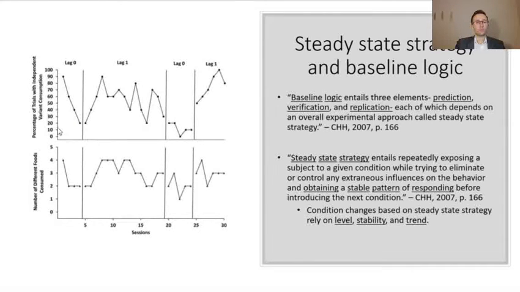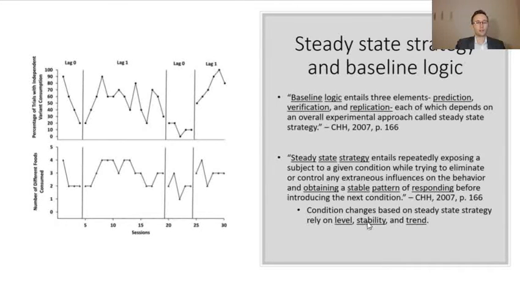So I've described baseline logic, prediction, verification, and replication in the context of this design. I've also shown how steady state strategy was used to obtain a stable pattern of responding in this data path and this one, and I also used that concept to explain how prediction was complicated by a lack of stability in this data path in this first lag 1 phase.